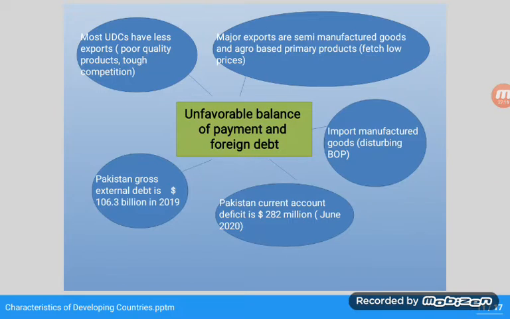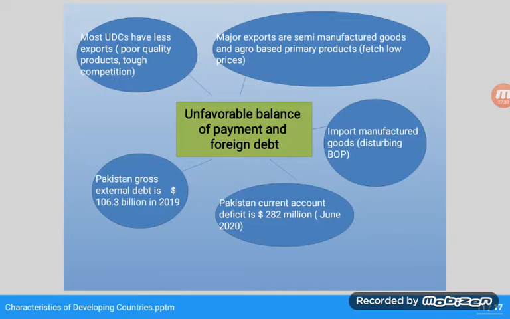So let's see what happens. Most underdeveloped countries, UDCs, have fewer exports, and their exports are of poor quality. And when they are of poor quality, they face tough competition and they are not able to grab a good enough international market. That's why their exports remain low.